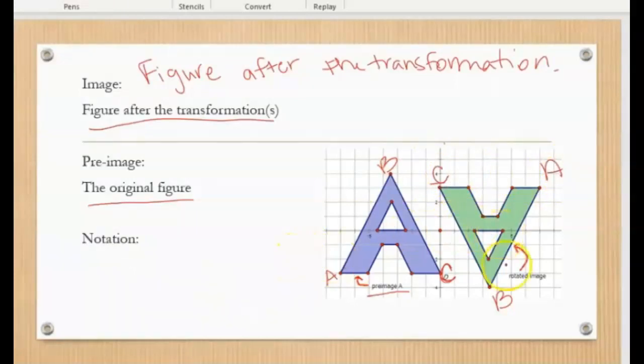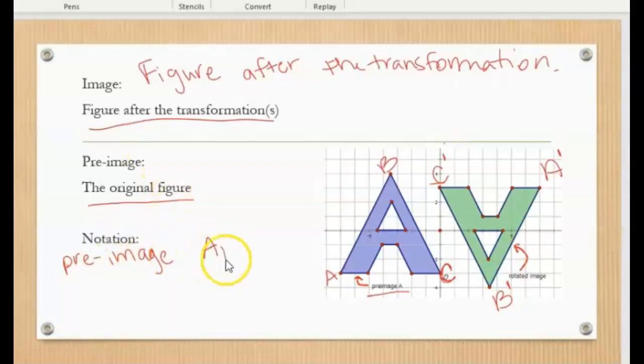So with the rotated image, that's the image after the transformation. So you want to mark that differently. And we use these little tick marks, and they're called primes. So we say A prime, B prime, C prime. So the original or the pre-image, pre meaning before, right? So before the transformation, it's called the pre-image.